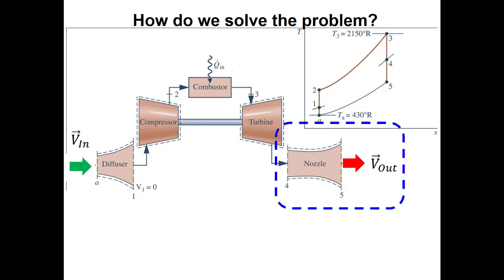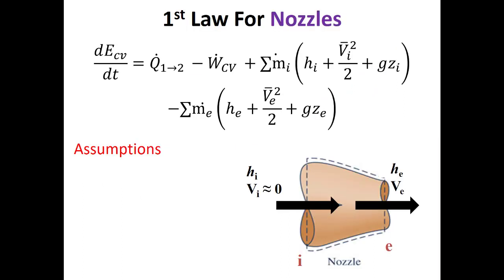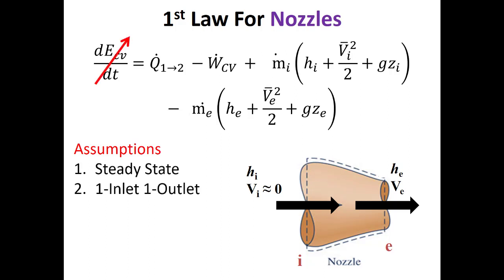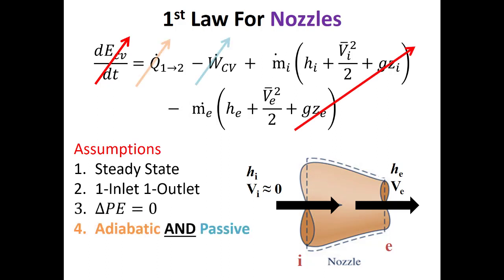Remember, the nozzle, again, kinetic energy is going to be important here, but only at the outlet. I'm going to assume that the kinetic energy at the port of the nozzle that touches my Brayton cycle, that's state 4, that the kinetic energy there is really not that important. It's fairly small. So the assumptions I'll make for the nozzle is that it's at steady state, that it's one inlet, one outlet, that changes in potential energy can be neglected, that it's adiabatic and passive, and that the velocity at the inlet of my nozzle is equal to 0.